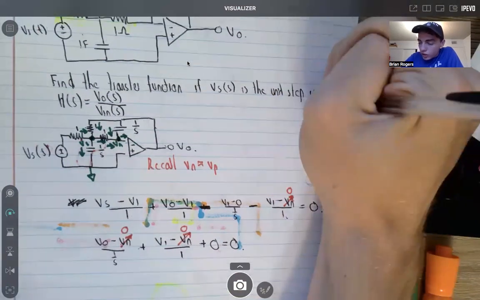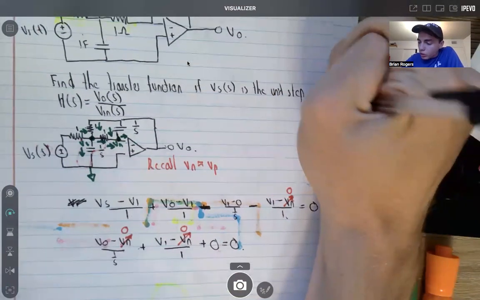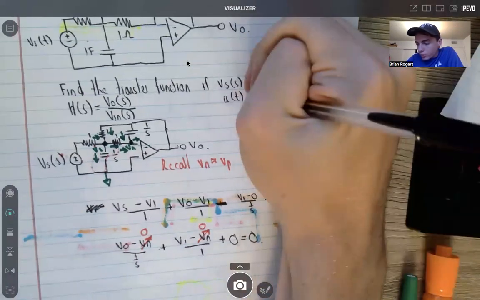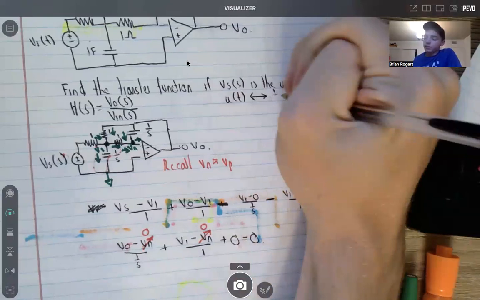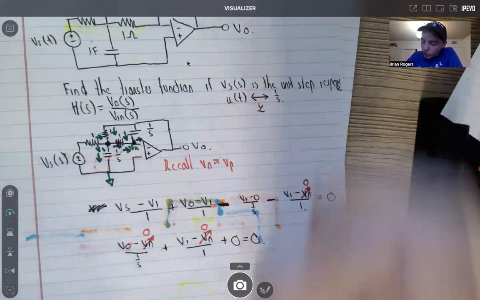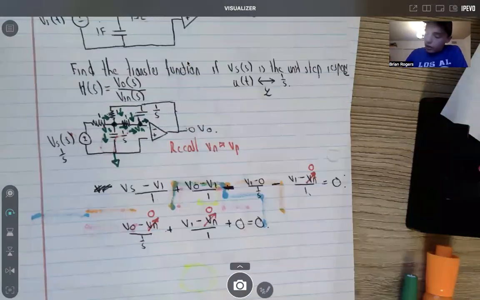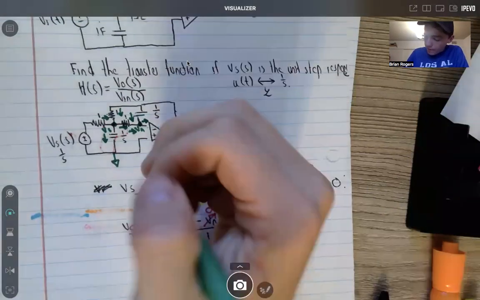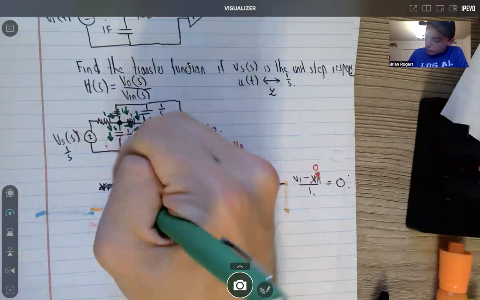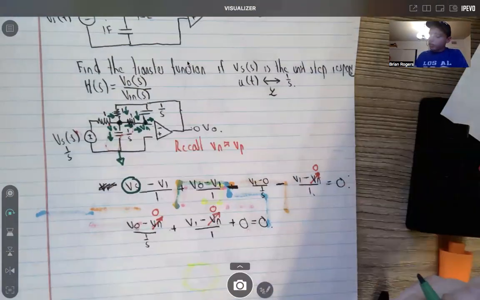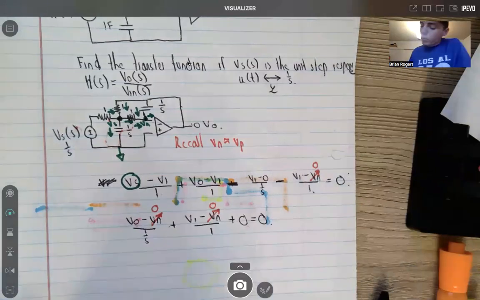If it's the unit step response, remember, U of t in the time domain is going to be 1 over S in the Laplace domain. So this voltage source would be 1 over S. So I could substitute in for my V of S here. That's the only one, I believe, where we actually use V of S. And so this would be 1 over S.